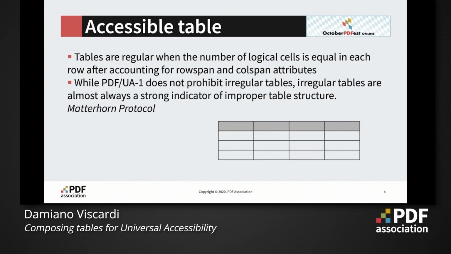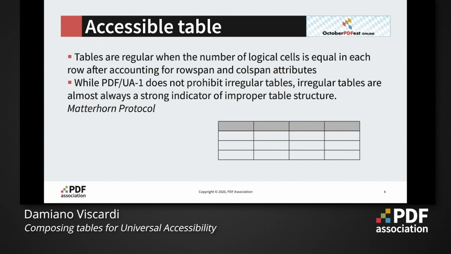Moving on to the Matterhorn protocol, which is a list of good and bad things that you can do in an accessible PDF, in a PDF/UA. There is a specific paragraph about tables in the Matterhorn protocol, and first it refers to regular or irregular tables. A regular table is when the number of cells in each row is the same for the entire table.